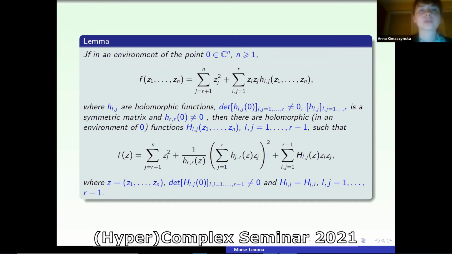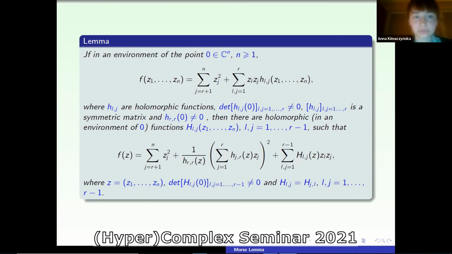If in an environment of the point 0 in C^n, n is greater or equal than 1, f of z is equal to the following sum plus the following sum, where h_lj are holomorphic functions, the determinant of h_lj of 0 is not equal 0, the matrix h_lj is symmetric, and h_rr of 0 is not equal 0.